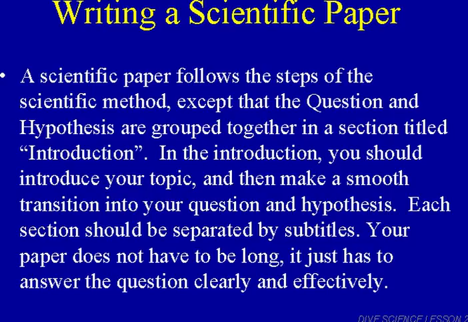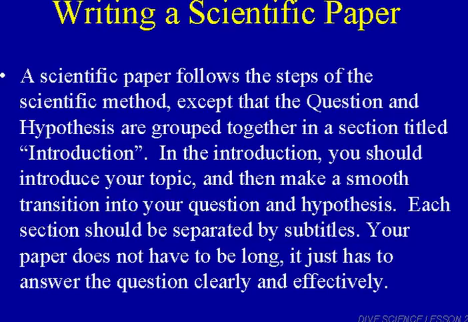So you have to write down where you got educated, and those are called your references. Somewhere in your scientific paper you must include your references: the information, the books, the people, the websites that you used to develop your hypothesis. Sometimes you put them in a separate section at the end of your paper titled references, or you can put them in parentheses after each place that you use them.